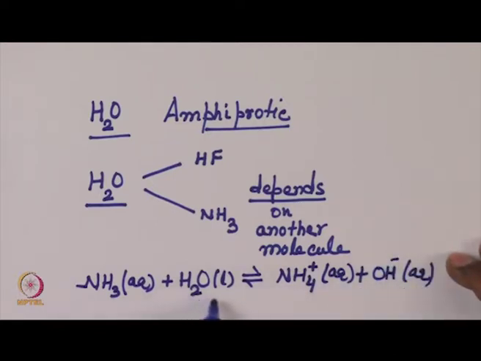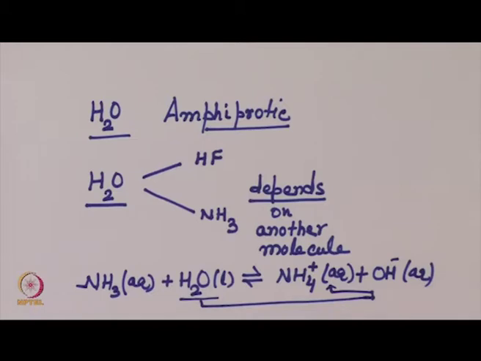In this case, water has donated a proton. You see here, it has donated a proton to ammonia and formed ammonium ion. Therefore, it has acted like an acid over here.